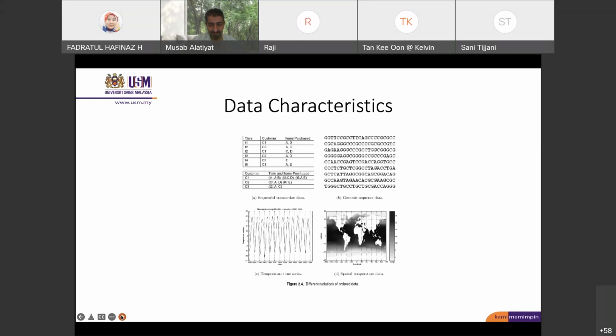Okay, so where am I now? The data characteristic. All right. So when you have access to the data set, you need to know the data characteristic, right? Whether it is continuous type of data or discrete data, whether it is binary or numeric, whether it is ordered data such as temporal or sequence, or whether it is a special data set that has some attributes like position, space, and so on, right?